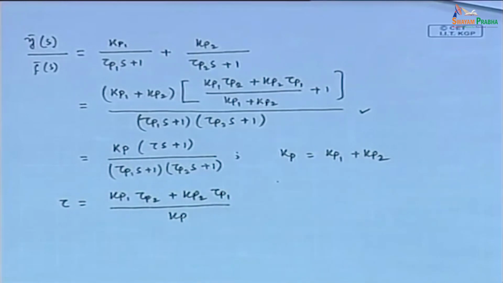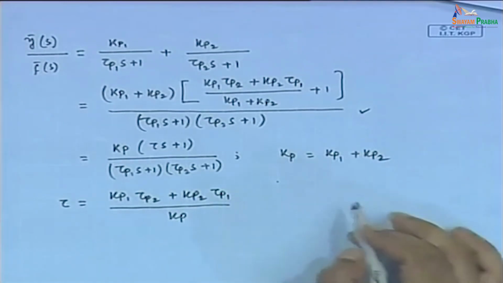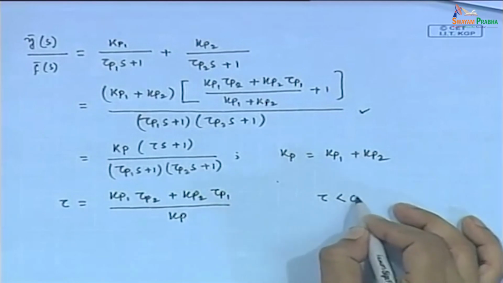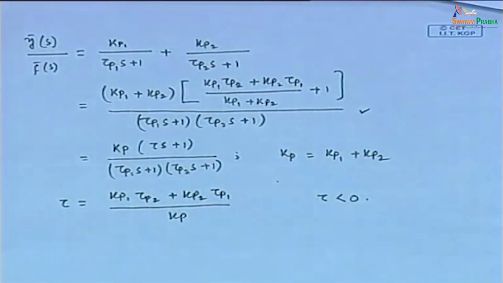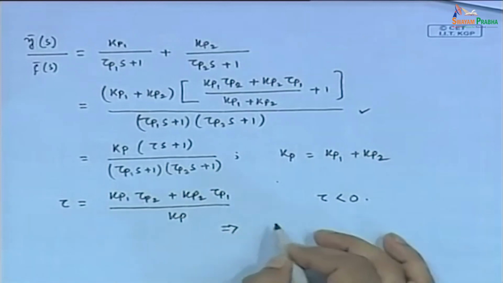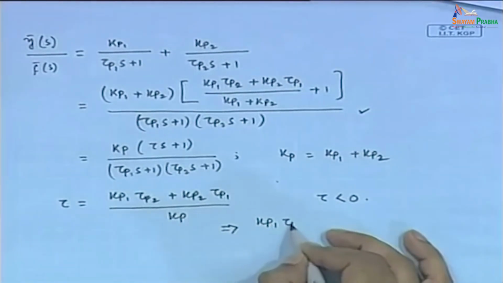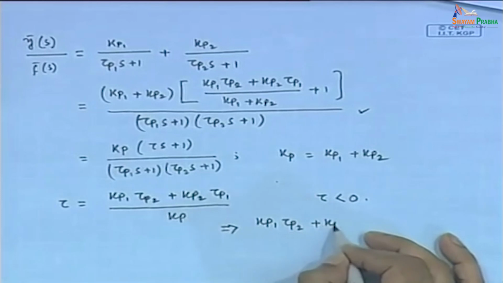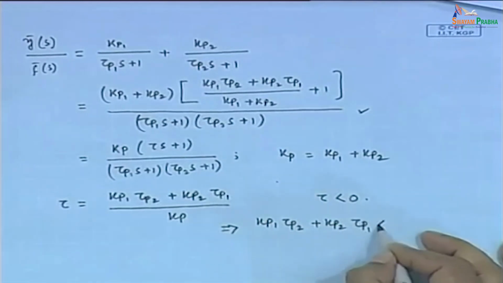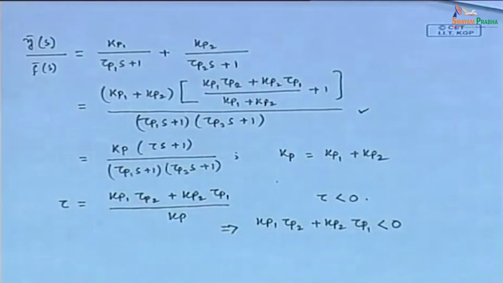This is the tau. So, for a positive zero, tau should be less than 0. Agree? That means we can write Kp1 tau p2 plus Kp2 tau p1 less than 0.